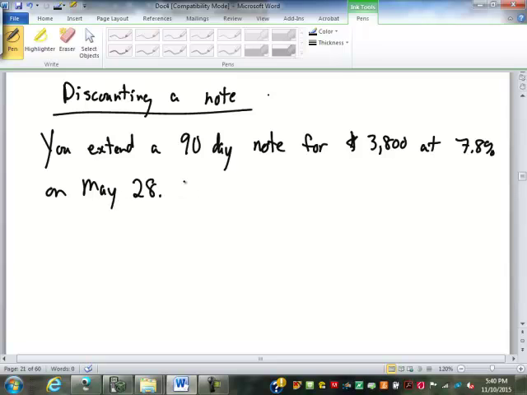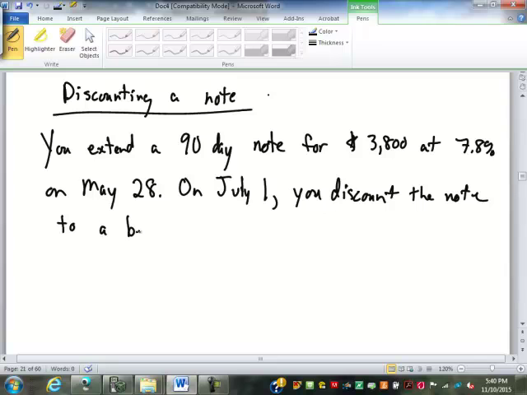On July 1st, you discount the note to a bank at 9.5%. Find your proceeds.